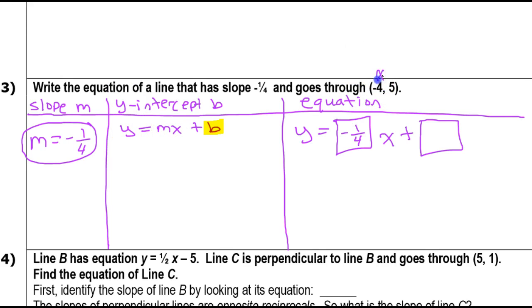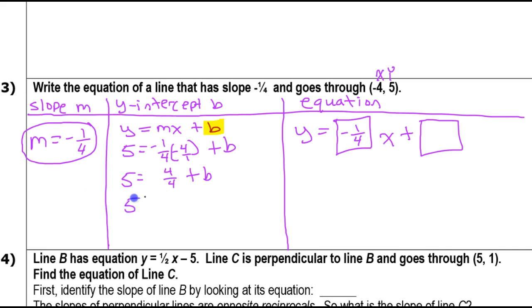Well, guess what? This is x and this is y. So I'm going to start with the 5 because that's y. So I have 5 equals. M is negative 1/4. All right, we know that. X is negative 4. So that just leaves b. Okay, remember this is like having negative 4 over 1. So now I will have 5 is equal to 4 over 4 plus b. A negative times negative is a positive.